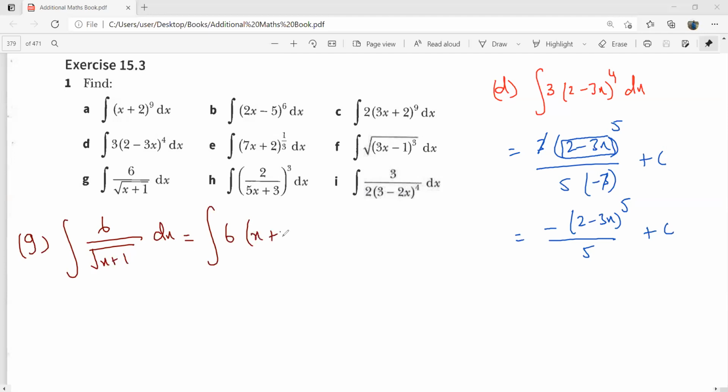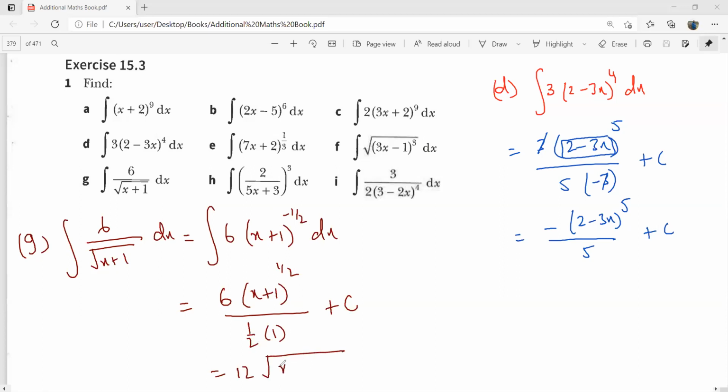So 6 into x plus 1 raised to power minus half dx. And now you integrate it. This is 6 into x plus 1 raised to power half, because minus half plus 1 is going to be half. Half into 1 plus c. And we can write this as 12 under root x plus 1 plus c.